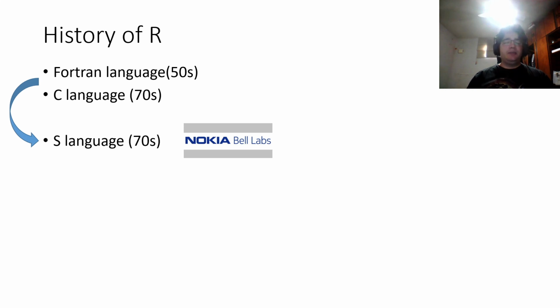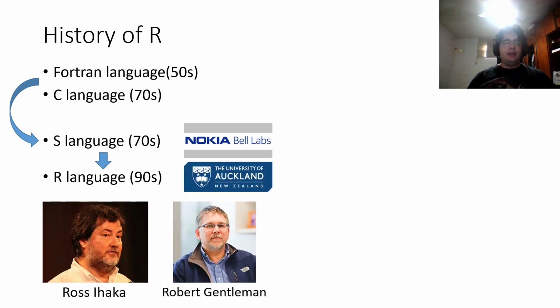So S based on Fortran and S based on C. Then Ross Ihaka and Robert Gentleman at the University of Auckland used the S language based on C to create the R language in the 90s.